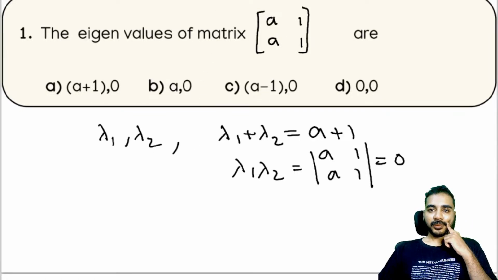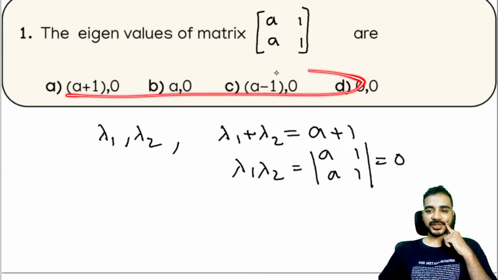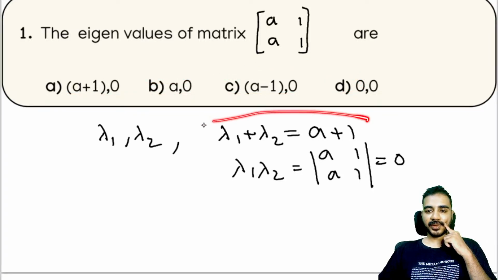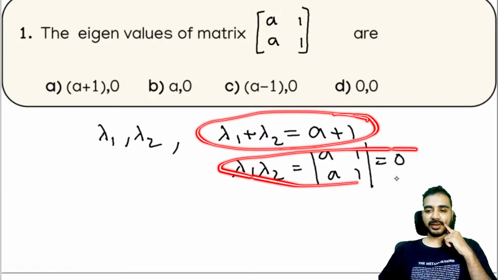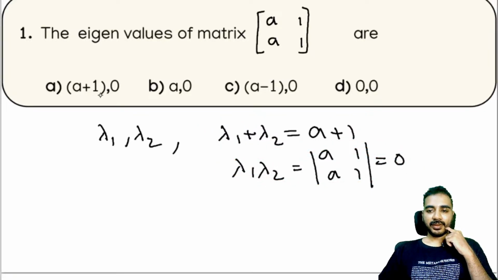So, which of these options satisfy this equation and this equation? Okay. Let me first check option A here. In A, let me take a plus 1 as lambda 1 and 0 as lambda 2.